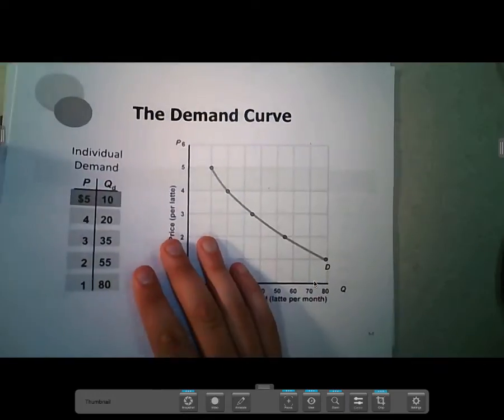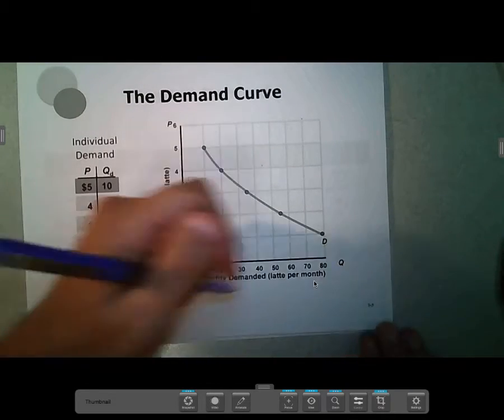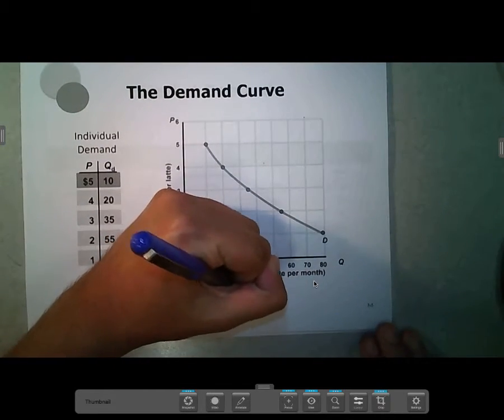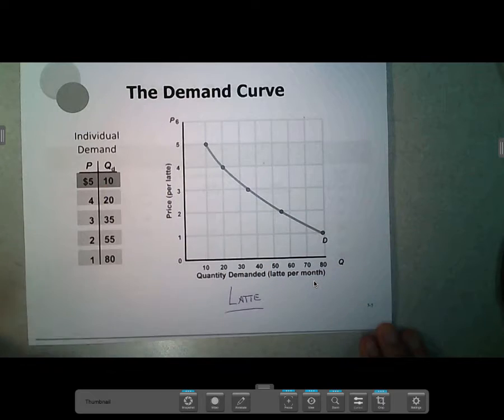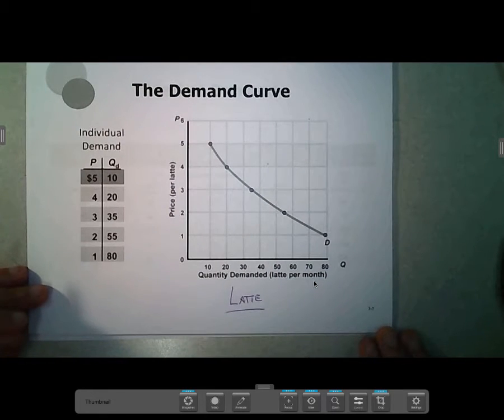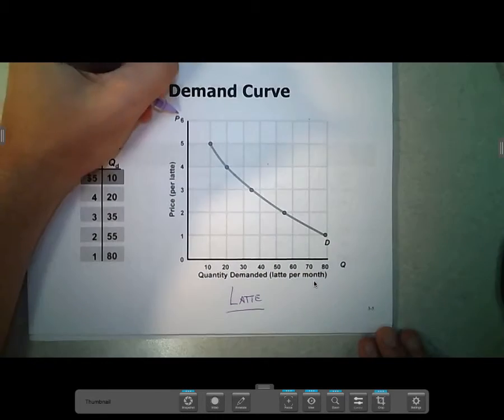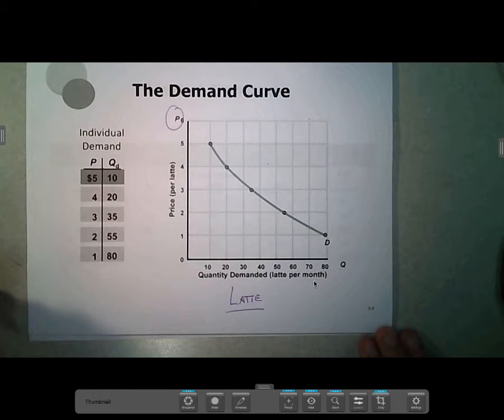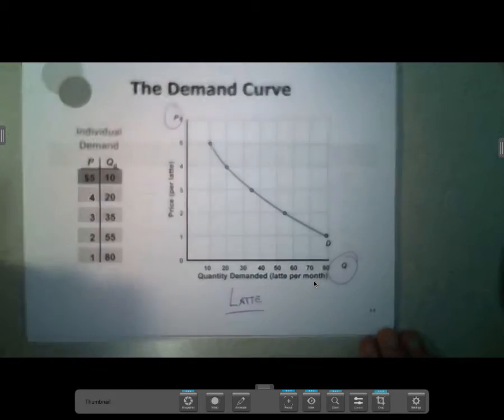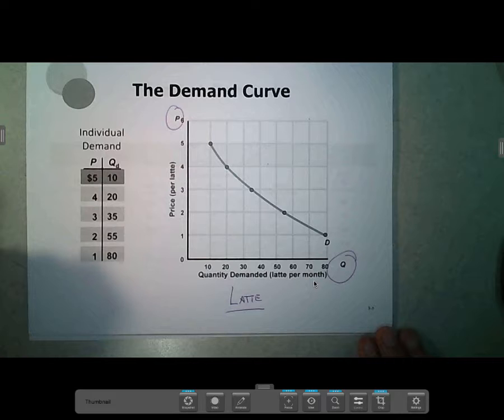So here's what it looks like. Now, this is a single market. In this case, it is for lattes. Very fancy. And what exists here is the price on the y-axis and the quantity on the x-axis.